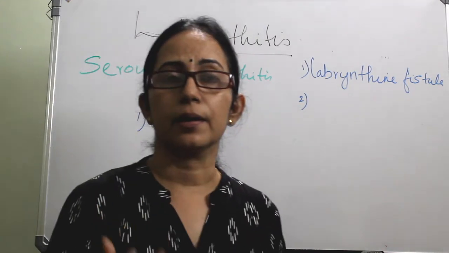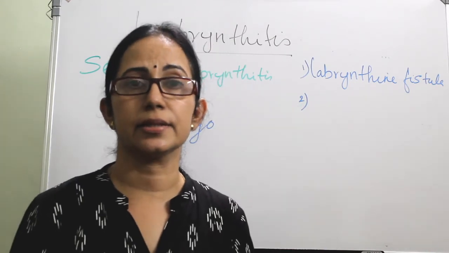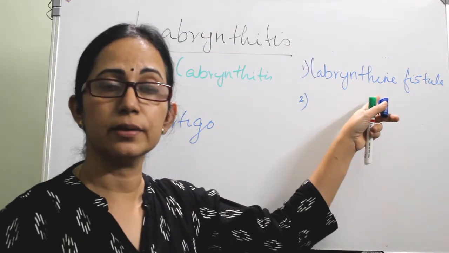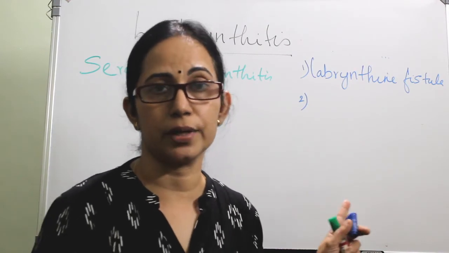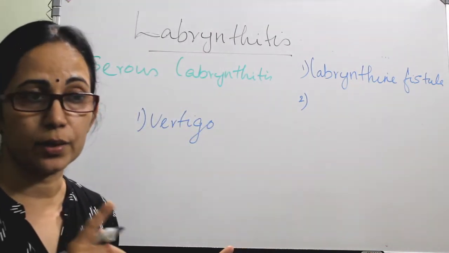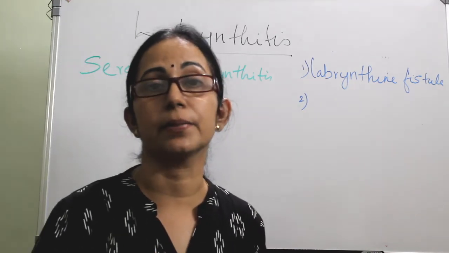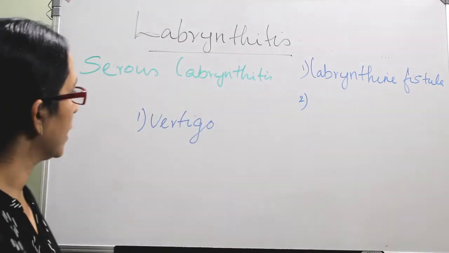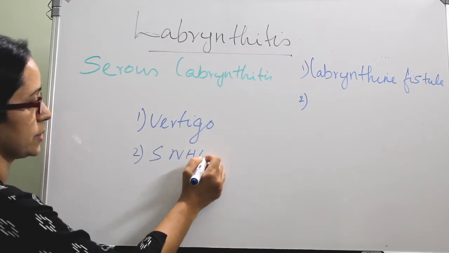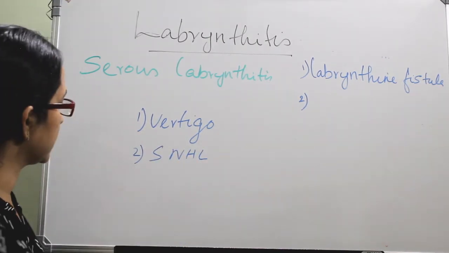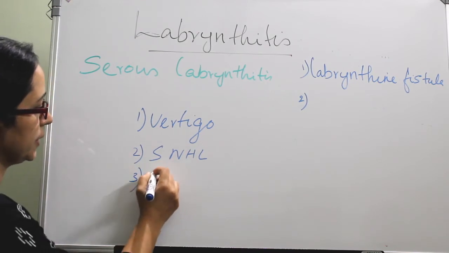It is more serious than labyrinthine fistula, but less serious than suppurative labyrinthitis. So one is vertigo, and I already told you this vertigo is completely reversible. Associated with that will be a sensorineural hearing loss. And third, there will be nystagmus.